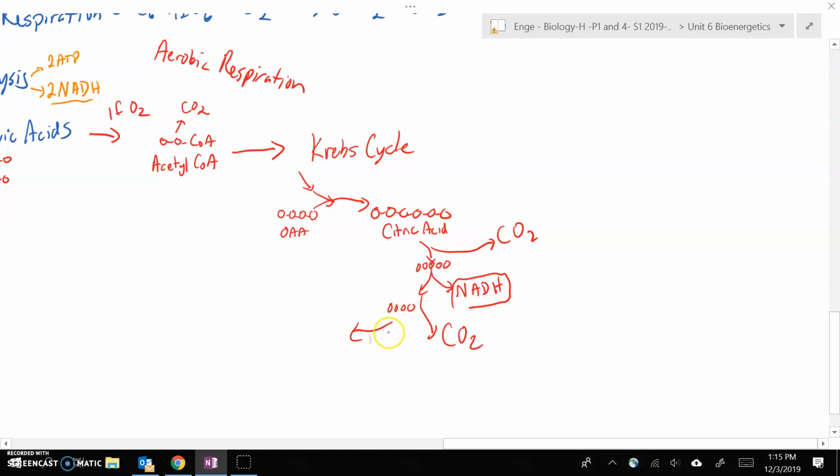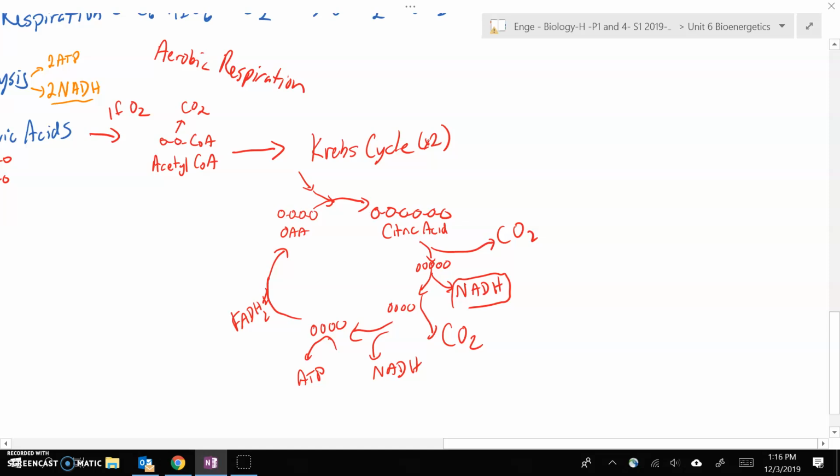We're going to make another NADH. Then we're going to make an ATP. Then we're going to make an FADH2. Right? But importantly, this is everything times 2. We get 2 ATPs and we get all this stuff.